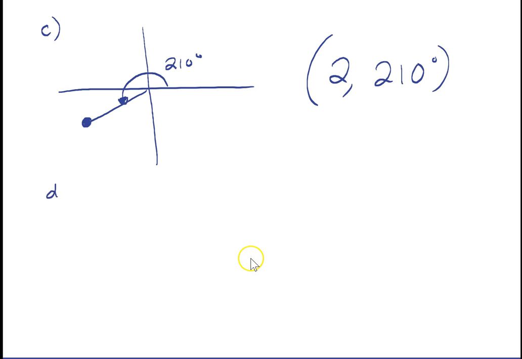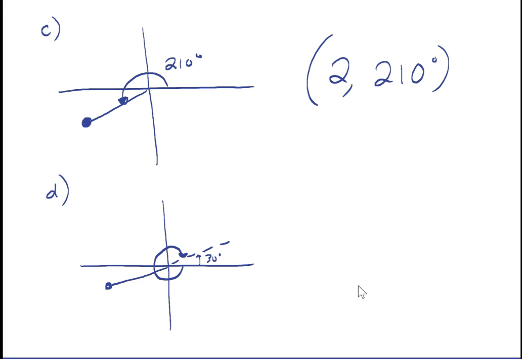All right, and the funny one of them all. What we want to do is construct a negative R value and a negative degree value. Again, these are all the exact same point. So we want to eventually end up right here. Since we want a negative degree value, we want to end up here going the other way. So that's the 30 degrees, right? That's the one that we did earlier. So I want to go the other way, clockwise, this way.